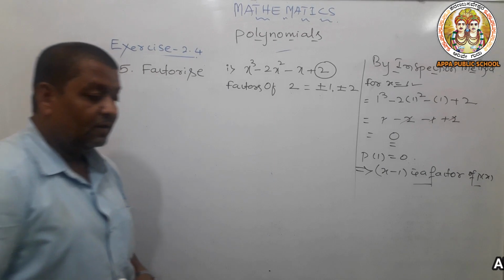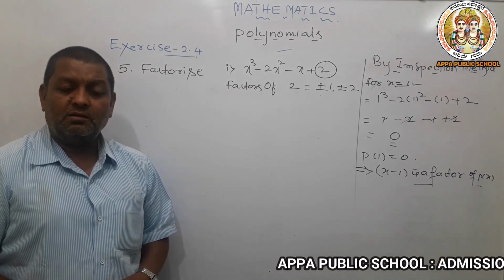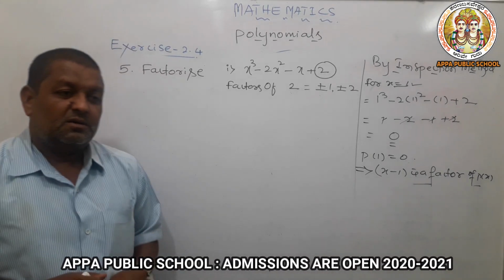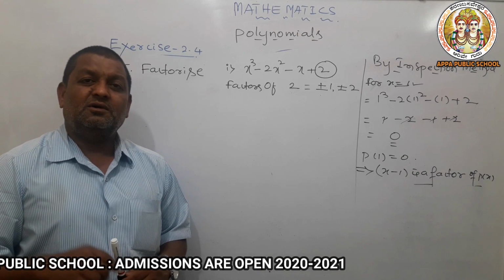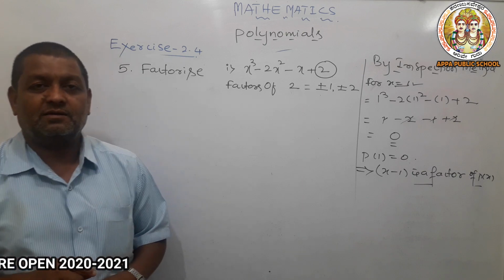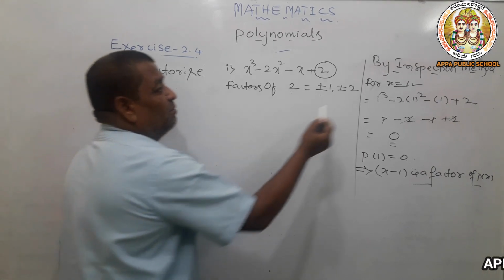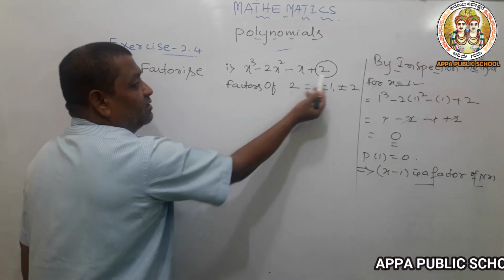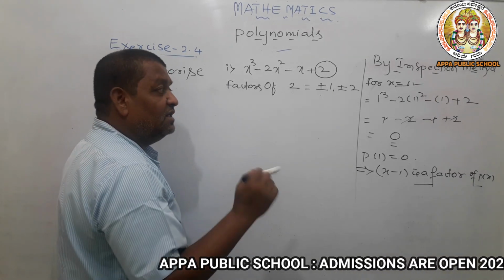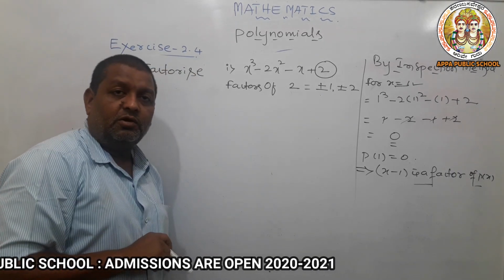Okay, so let me revise what I told first. It is a cubic polynomial, so definitely we are going to get 3 factors. How to find those 3 factors? By inspection method, we need to find at least one factor among the 3. Take the factors of that constant 2. Then check whether plus minus 1 is a zero of the polynomial.